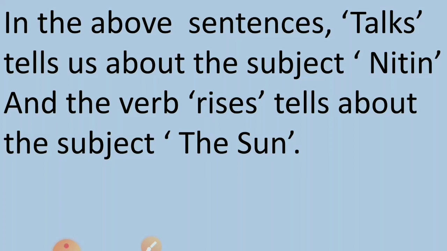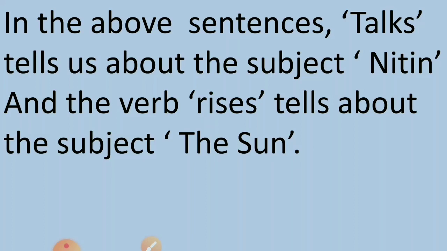So they tell us about the action done by the subject in the sentences, isn't it? Nitin talks with his friend Raj. So who is talking? Nitin. So Nitin is the subject. So what is Nitin doing? He is talking. So talk is the action word in the sentence.